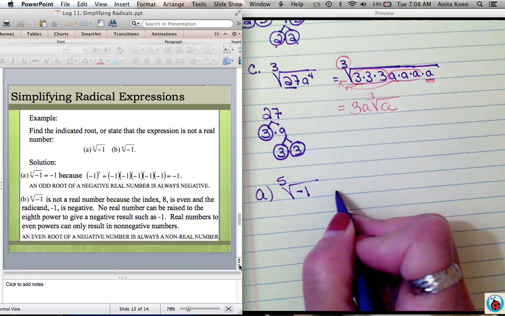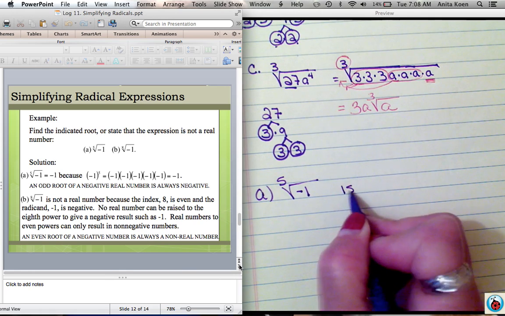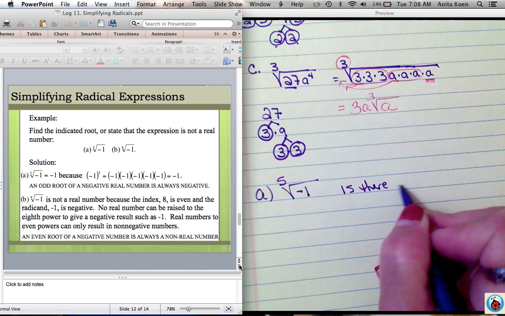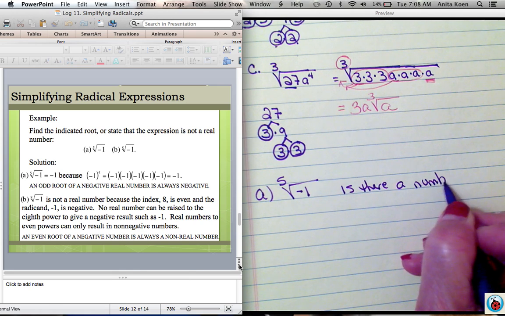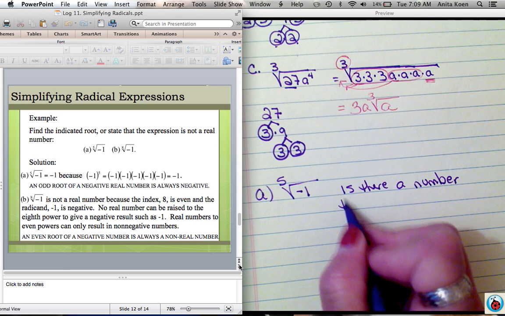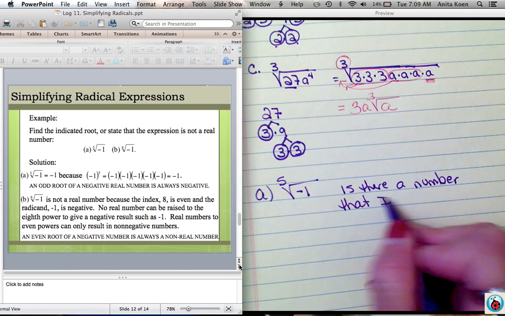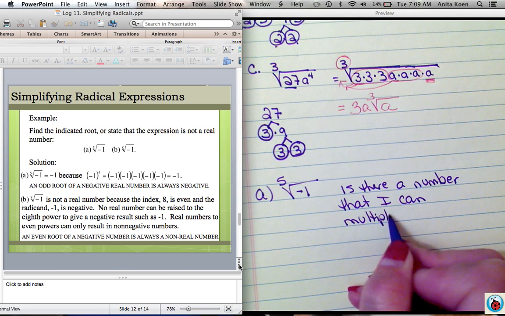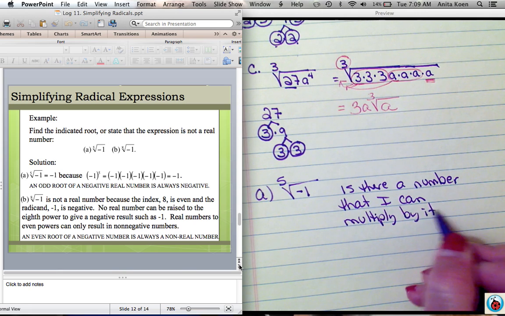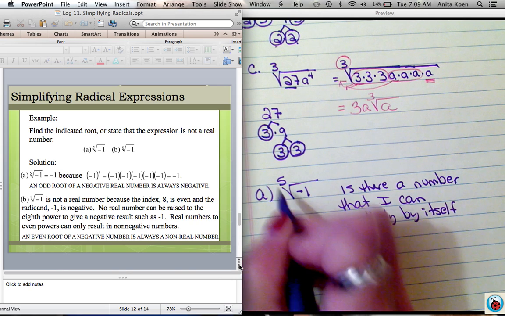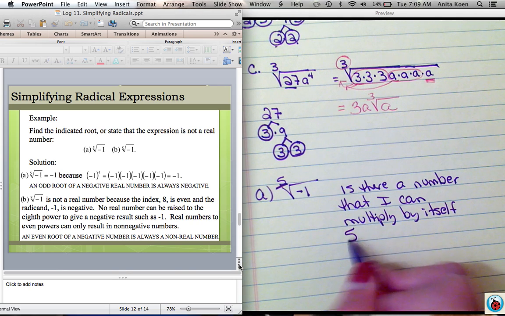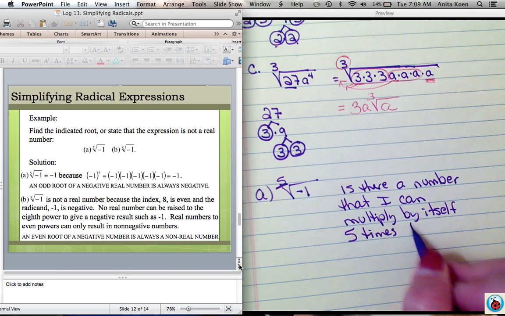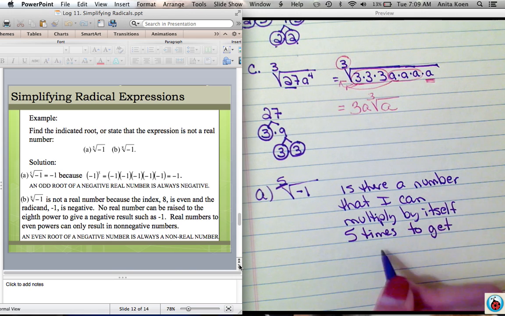The question is, is there a number that I can multiply by itself, in this case 5 times, to get -1? That's the question here.